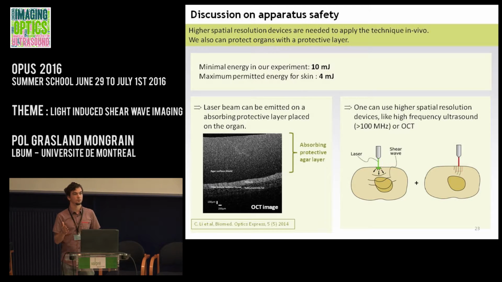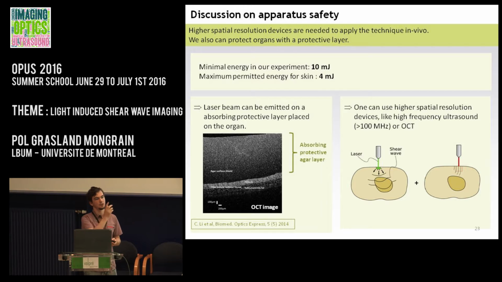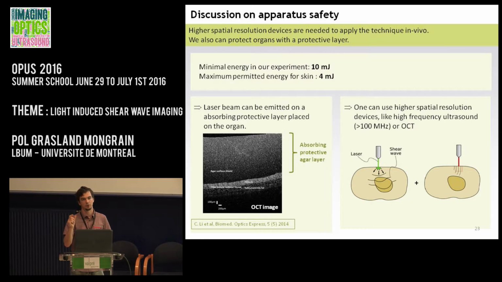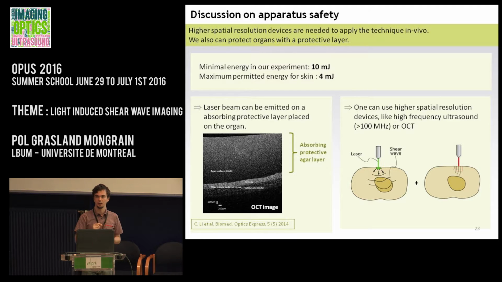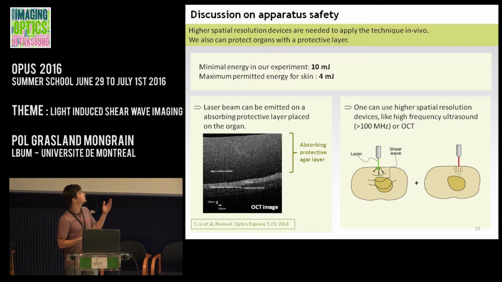So we should decrease the energy to make some elastography measurement. But the problem is that at low energy we have very small displacements. So if we decrease the laser energy, it will be hard to measure displacement and to have reliable results. There are different ways to solve this problem.